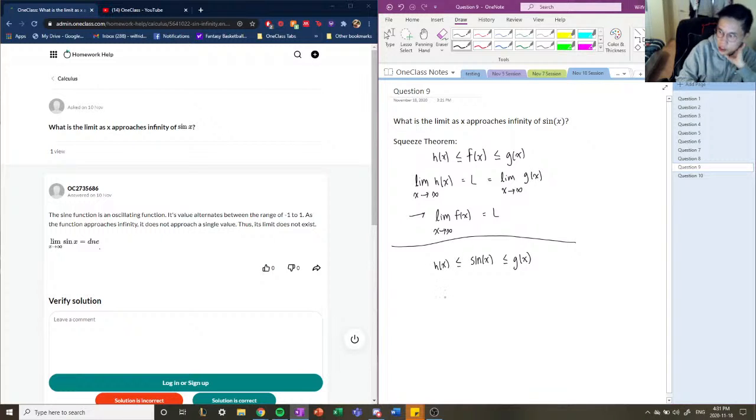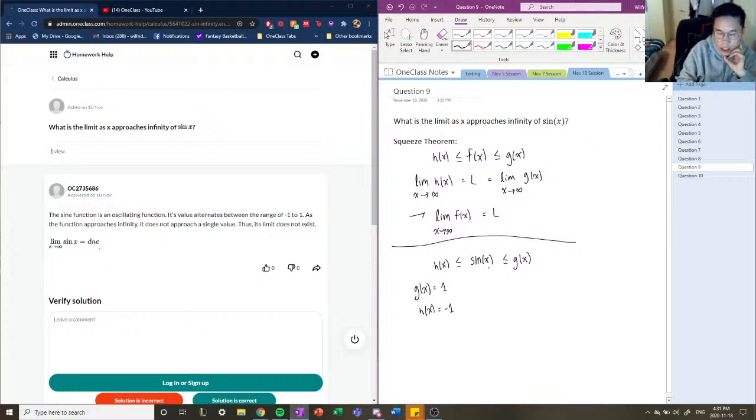So what can our functions be? Well, let's say that g of x equals 1, and h of x equals -1. So these two functions fit around our squeezed or sandwiched sine of x, right?